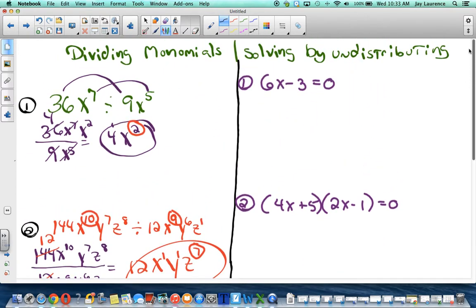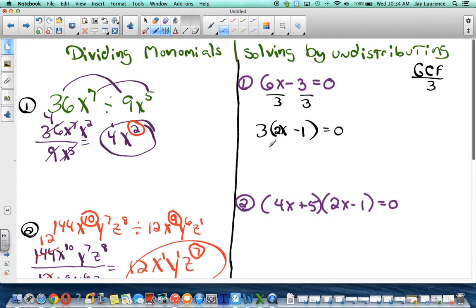All right, solving by undistributing. First, I have to find the GCF, which I think in this problem is just going to be a 3. So I'm going to divide both terms by 3, and I'm going to get 3 times the quantity 2x minus 1 equals 0.